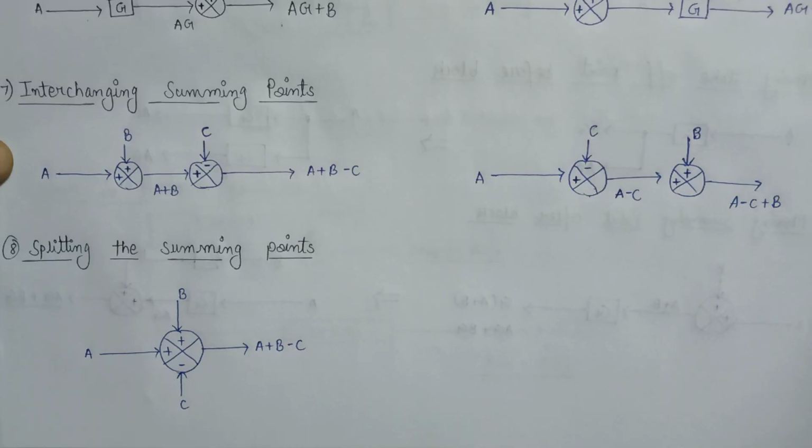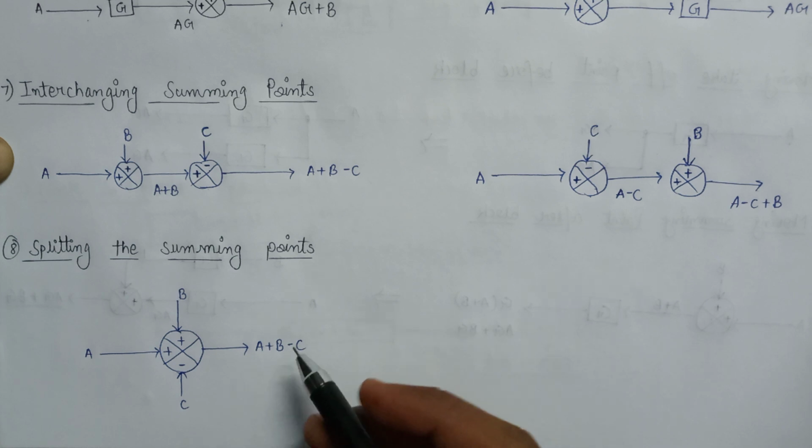Now let us discuss the last rule, that is splitting the summing points. Let's consider a circuit in which three inputs are applied to this summing point. The inputs A and B are applied with positive polarity, but the input C is applied with negative polarity, and the overall output will become A plus B minus C. Now in case we split the summing point, what will happen?